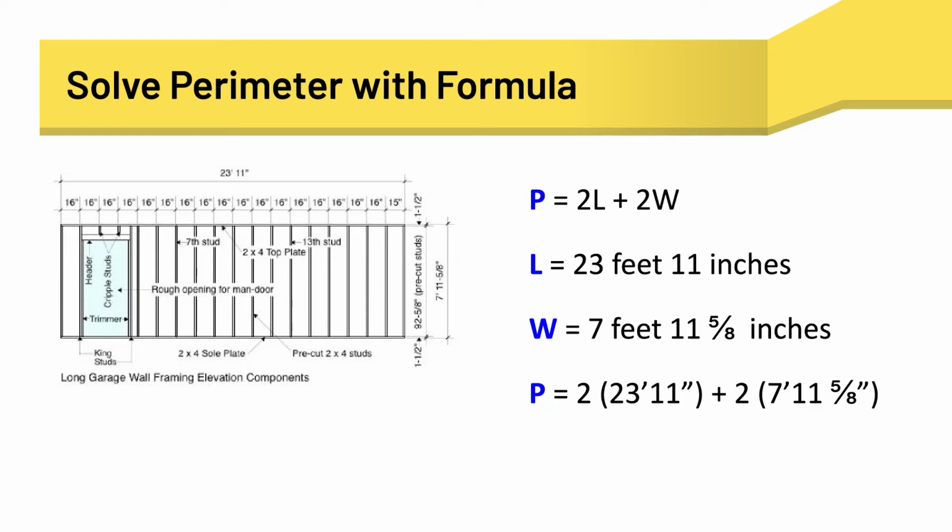With all the numbers he needs, Isaiah fills those numbers in the formula. He replaces the L with 23 feet 11 inches. He replaces the W with 7 feet 11 5/8 inches. Now he can do some math.